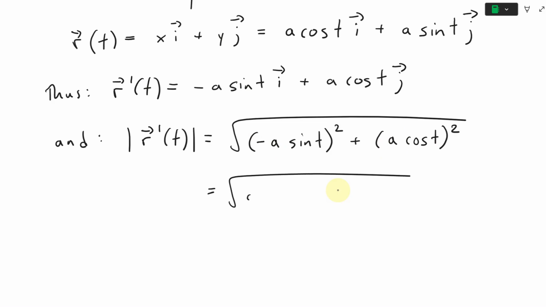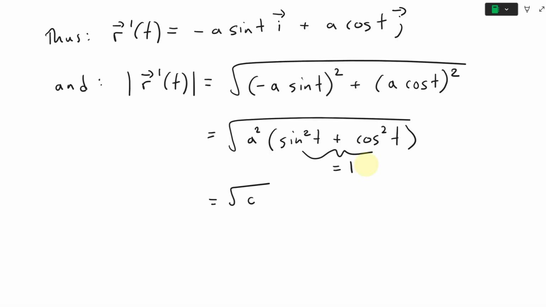So this equals the square root of a squared times sine squared of t plus cosine squared of t, like that. And again, this is the basic Pythagorean identity, which equals 1. So we're just left with the square root of a squared, which equals a, or plus or minus a, but we're only dealing with positive values. So a, like that, is the value.